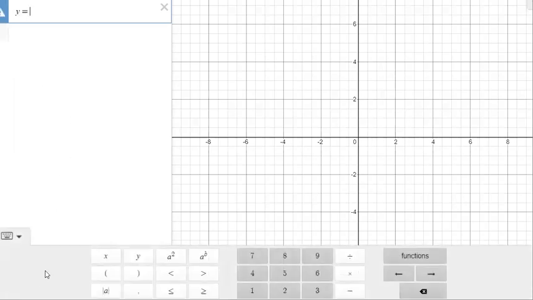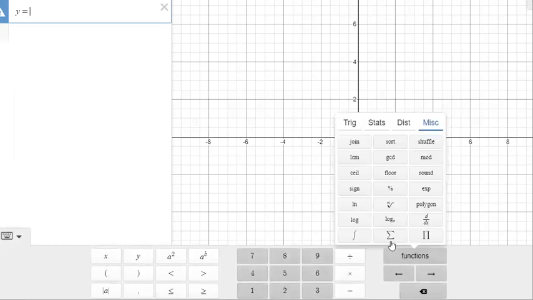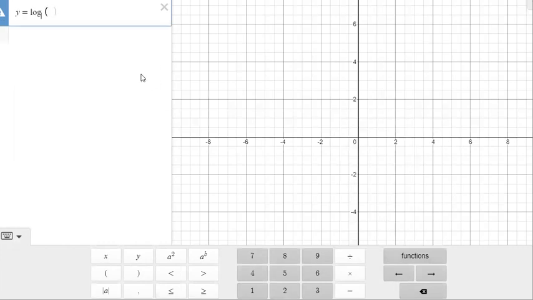If you want to get the log, you have to go to the keyboard at the bottom and bring up the functions menu. You're going to choose the log base a. Of course, we can change that base to anything that we want. In this case, we got to have a 10. And inside the parentheses, we had 2x minus 7, so inside, I'm going to write 2x minus 7.